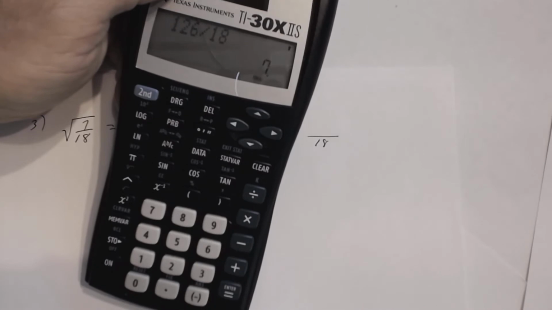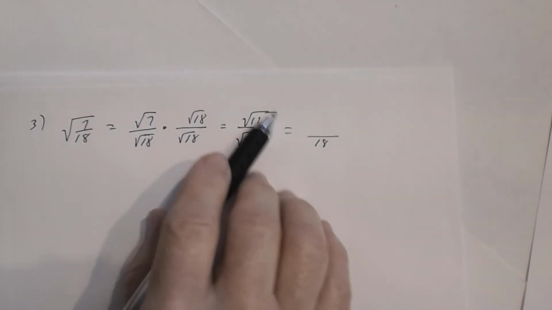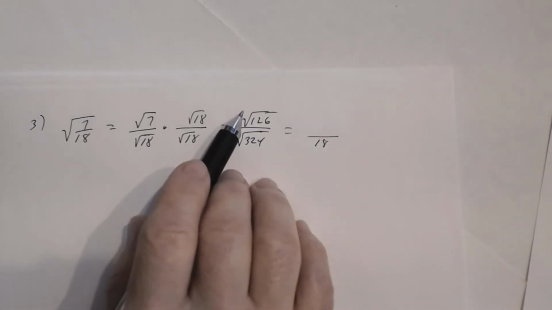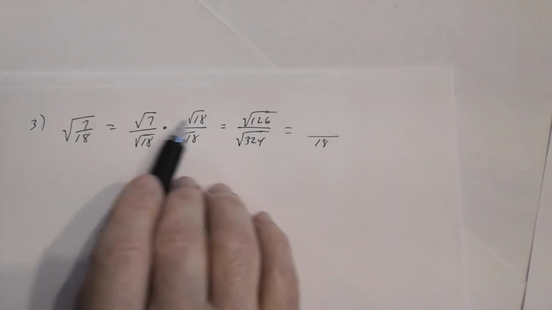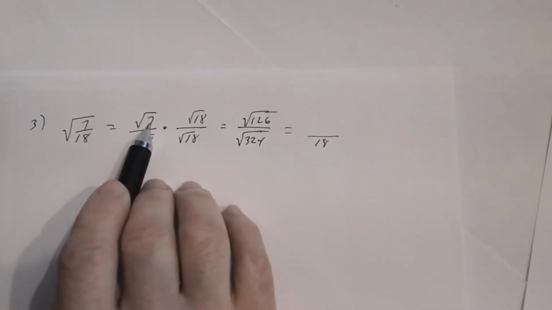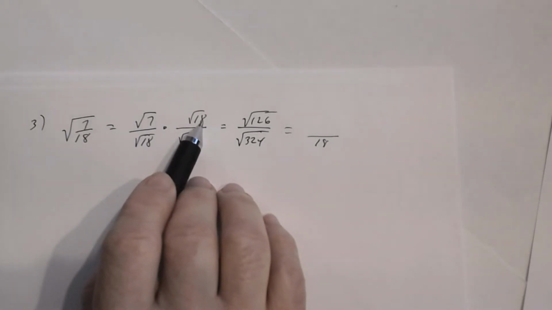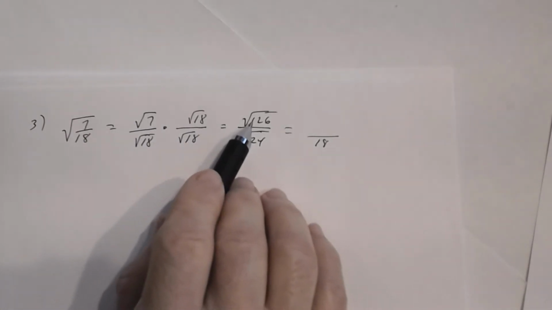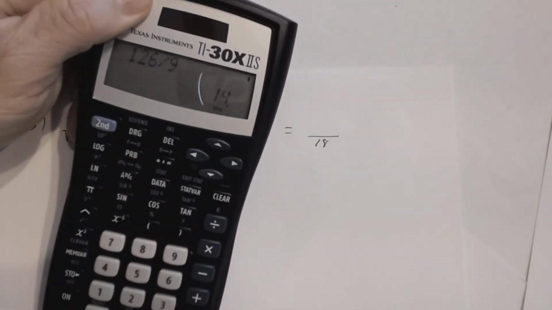Because you have to simplify this, look for a perfect square other than one that goes into either of these factors. There's no other perfect square that goes into 7 besides 1. But here, what perfect square goes into 18? 9. So use 9. So 126 divided by 9 equals 14.